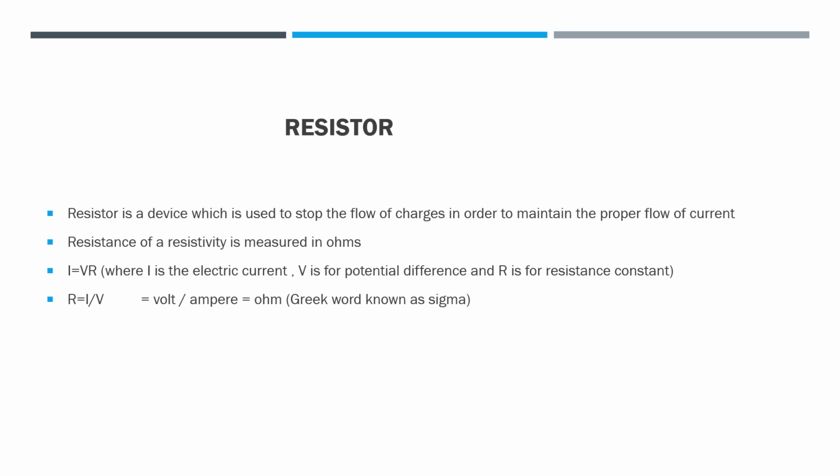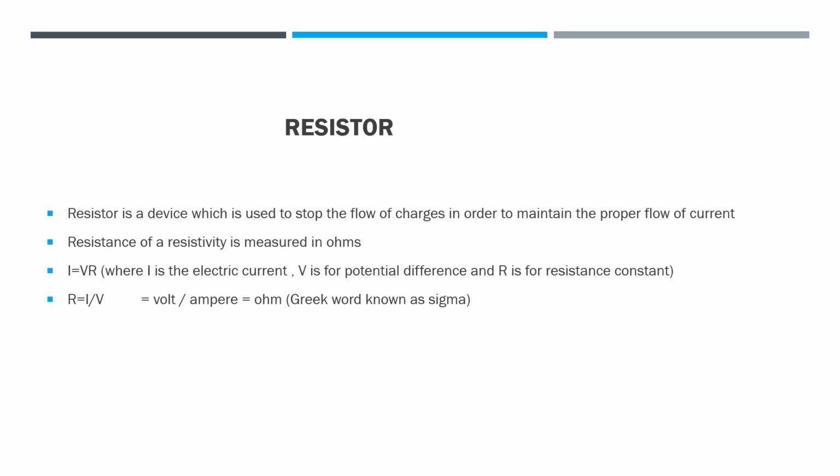This resistance definition is derived from Ohm's law, which is based on the electric current as well as the potential difference. Ohm's law states that I is equal to V/R, where I is the electric current, V is the potential difference, and R is for resistance, that is needed as the constant.